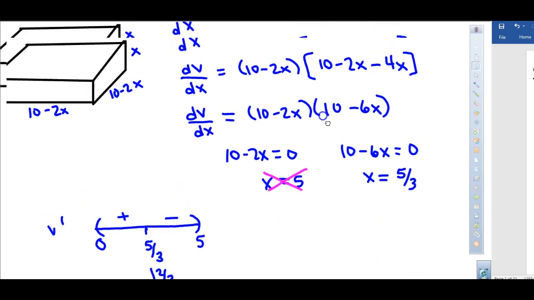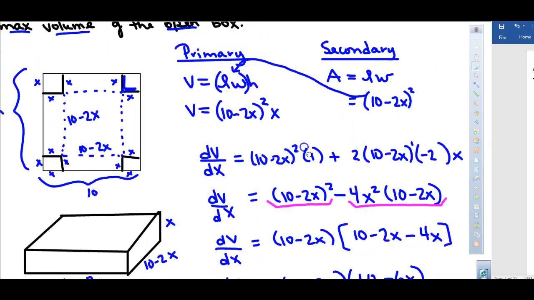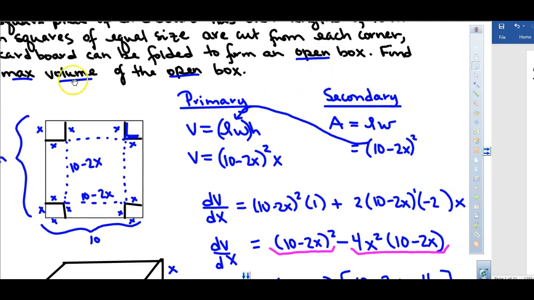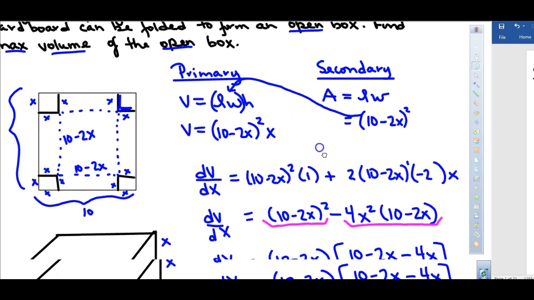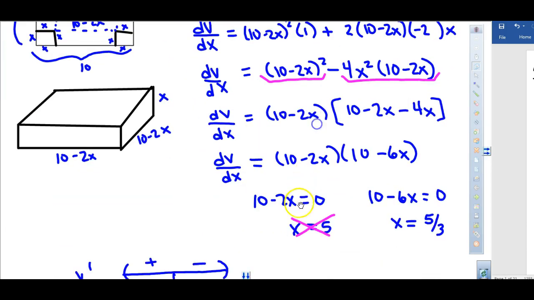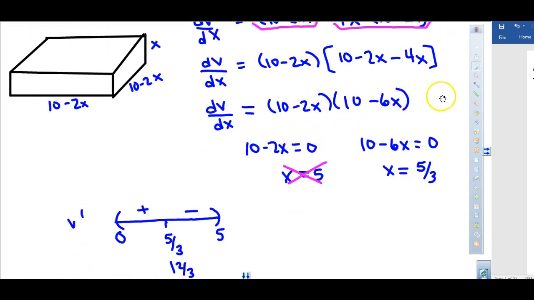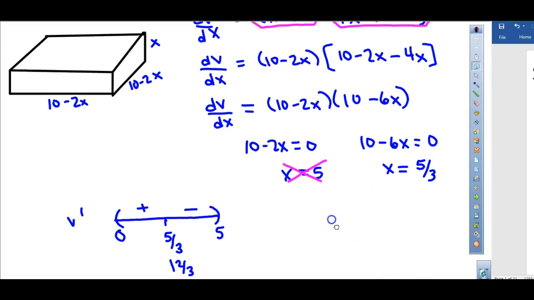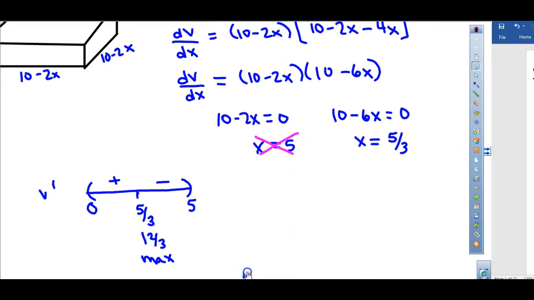I'm like, well, what am I supposed to do with 5/3? Well, it said find the maximum volume of the open box. It didn't say find the X value that gives you the maximum volume, okay, which is what 5/3 is. It says to actually find the maximum volume.